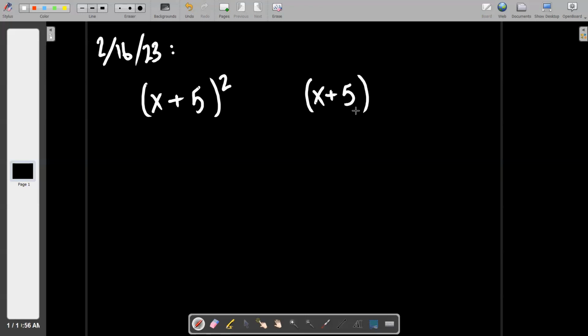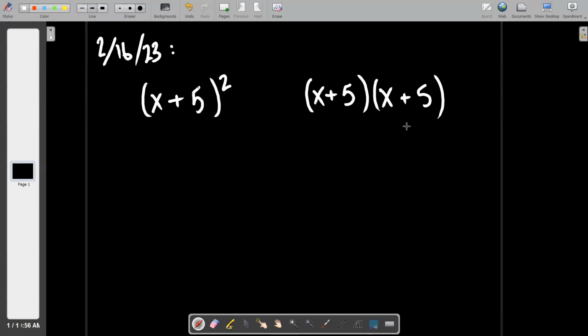So if someone said, I need you to multiply x plus 5 by itself, what's stopping me from writing it out like this? Nothing. And this is something we did back in the first semester where we practiced with polynomials. Do you remember these problems where we had to multiply, and there might have been 2 terms in the first one, 3 in the second one? You connect everybody with everybody.